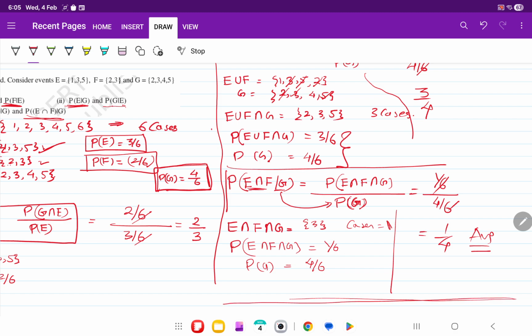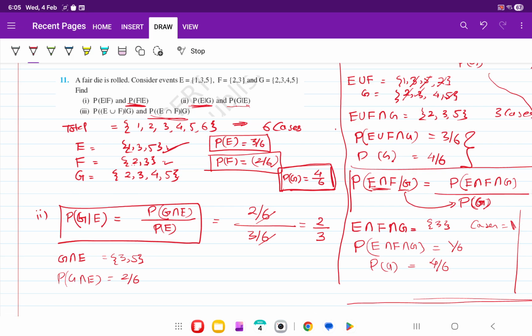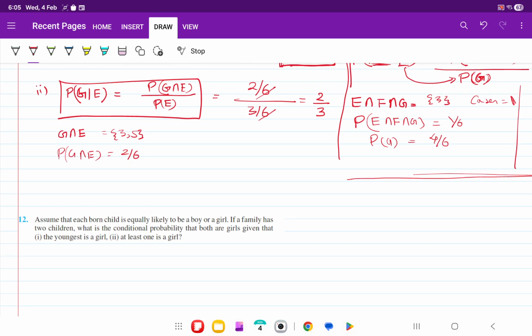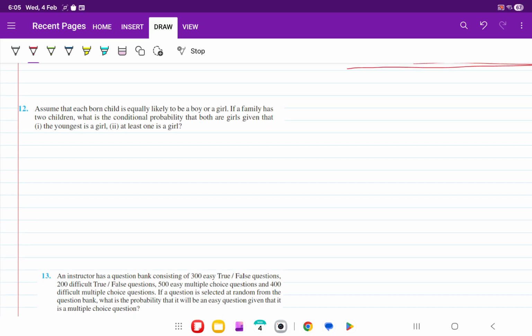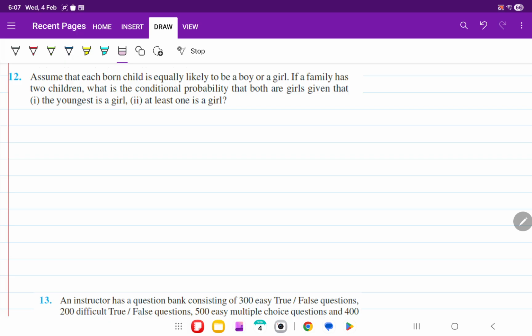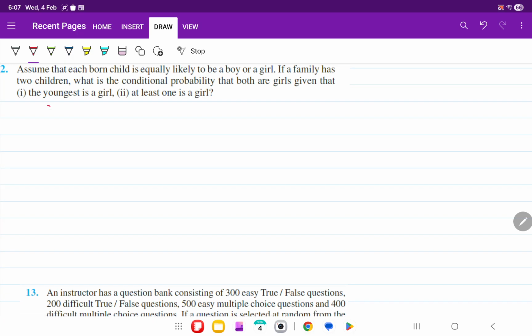Okay, let's do one more question for today. You can pause it and try question number 12. This is a very interesting question and I will try to apply the logic. They are saying there are two kids in the family, boy and girl. So how many possible cases are there? Means the total sample space which is possible is maybe both are girl, girl boy, boy girl, or both are boys.